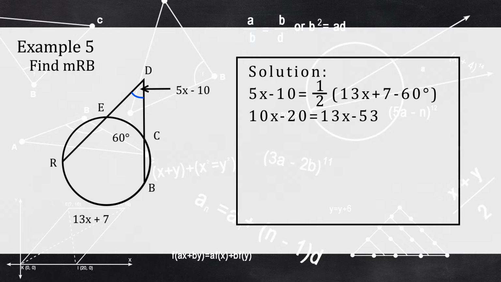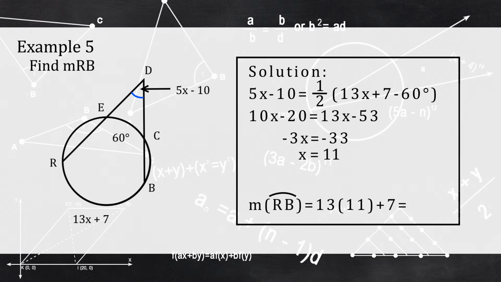Combining like terms, we have negative 3x is equal to negative 33, and dividing both sides by negative 3, we have x is equal to 11. To solve for measure of arc RB, we substitute x equals 11 in the expression 13x plus 7. Thus, we have 13 times 11 plus 7 is equal to 150 degrees.